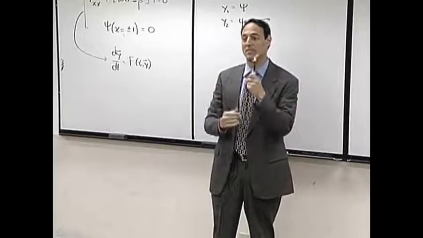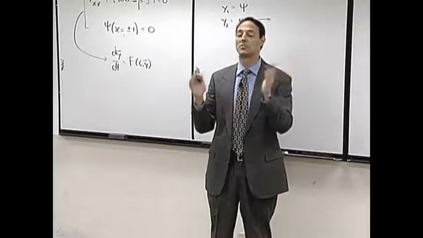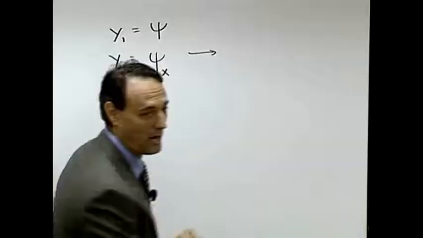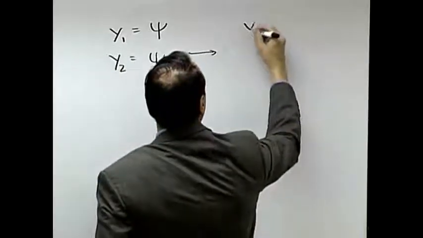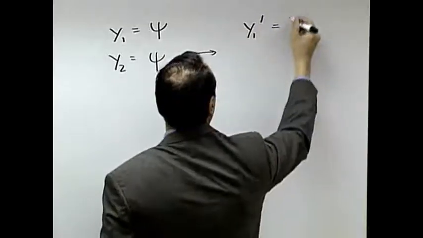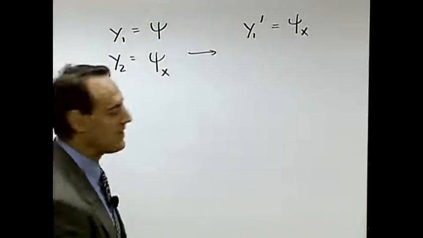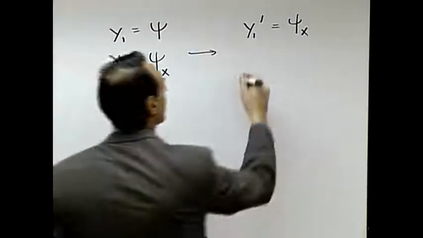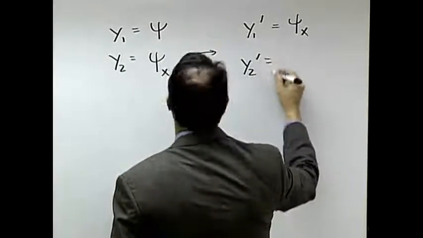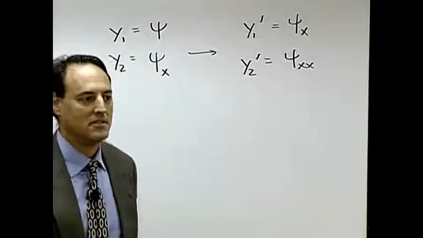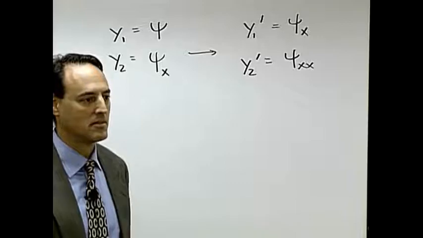I got the pen up in front of the class. I can do whatever I want. And I'm just going to differentiate both sides. Okay? So if I differentiate y1, then I get, let's call it y1 prime is equal to psi of x. So I just differentiated both sides. Now let's just differentiate both sides of this. y2 prime is equal to psi xx.